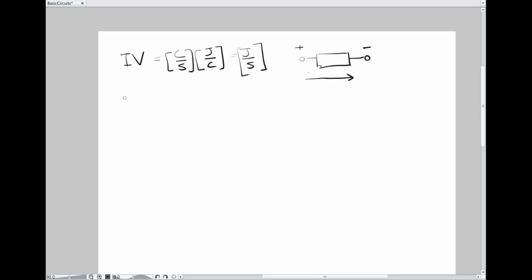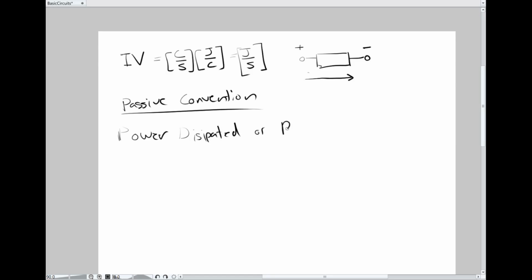Now, what is passive convention? Passive convention is just like terminology, okay? So passive convention basically says the terms power dissipated, right? Or power received, depending on who you're talking to.